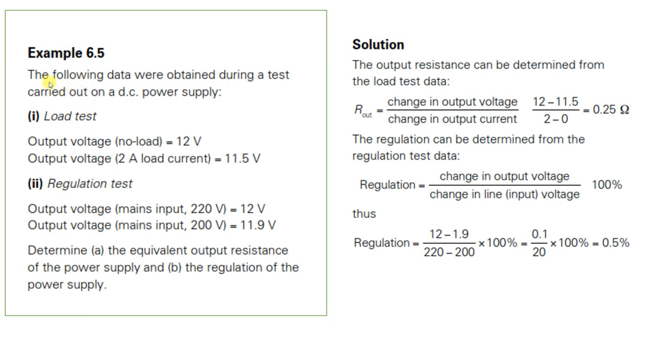The next problem: the following data were obtained during a test carried out on a DC power supply. Load voltage at no load, meaning open circuit, where current is 0, is 12 volts.